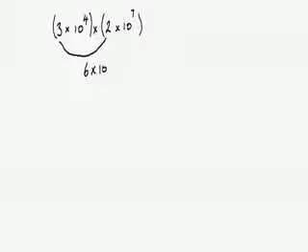If you've seen my indices video, you'll know that if we multiply, we add the powers. So 4 plus 7 is 11. So our answer is 6 times 10 to the 11.